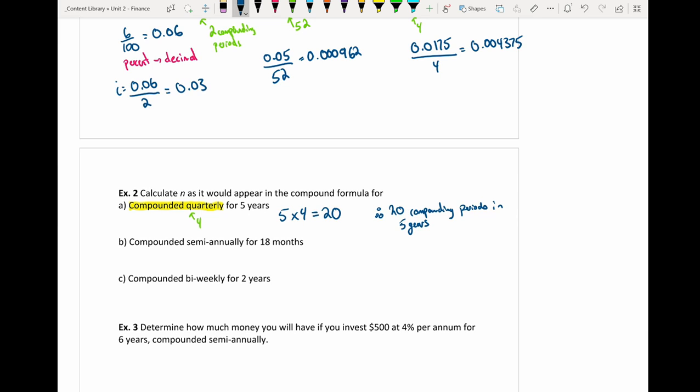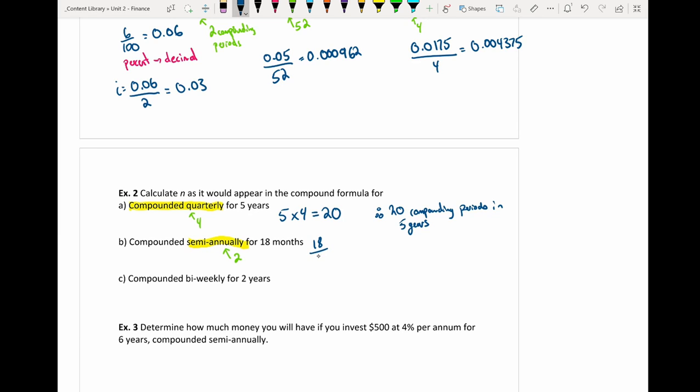For B, compounded semi-annually for 18 months. So there are 2 things we need to do here. Semi-annually means twice a year, but we're given it in months. So this is a throwback to that simple interest lesson. We want to convert this to years.